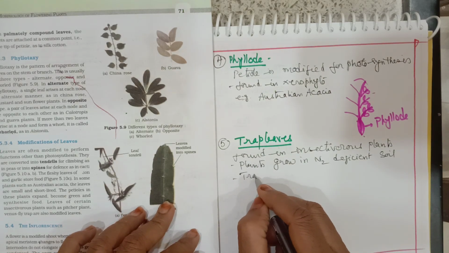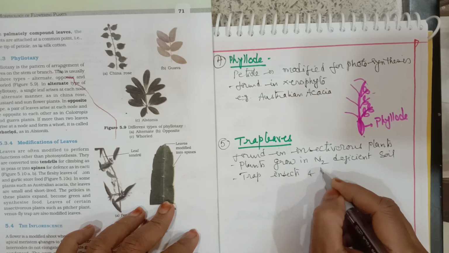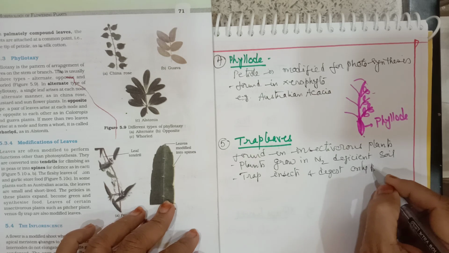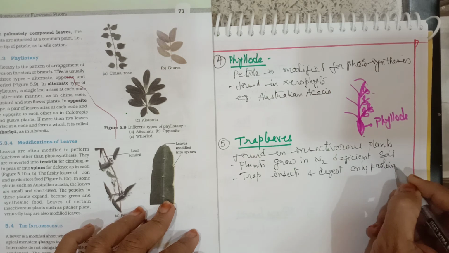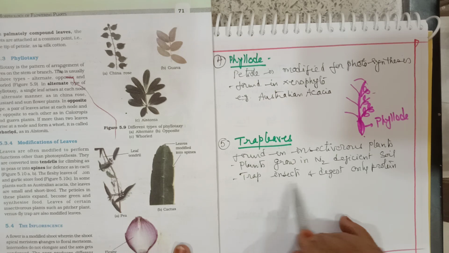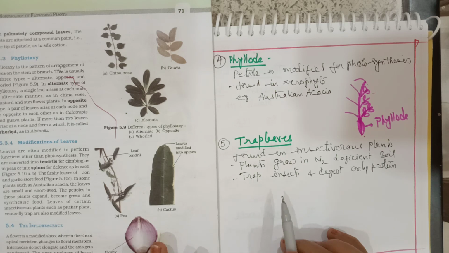They trap insects and digest only the protein. They can digest protein by secreting a proteolytic enzyme. Remaining part will be eliminated. So that is the modification.